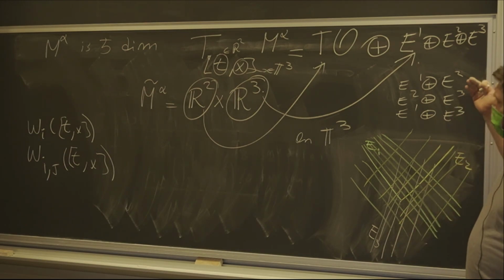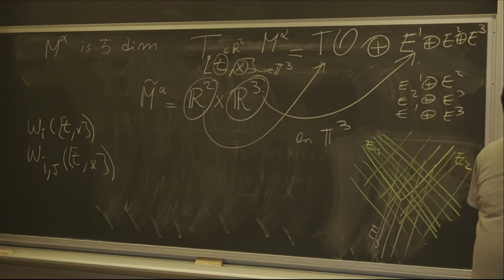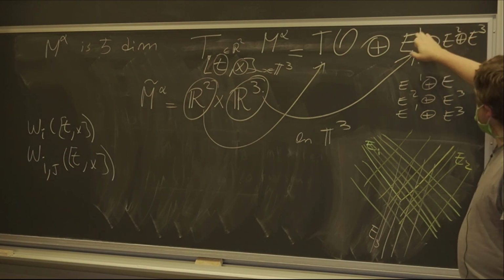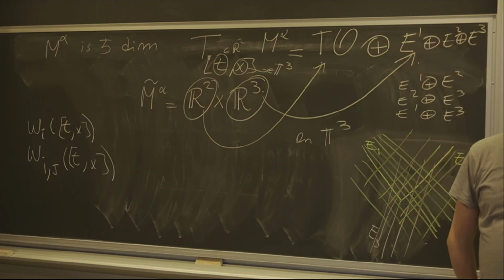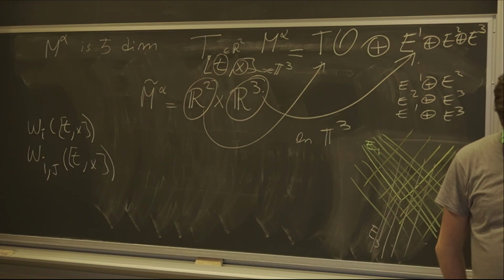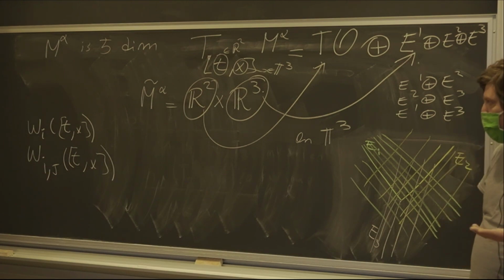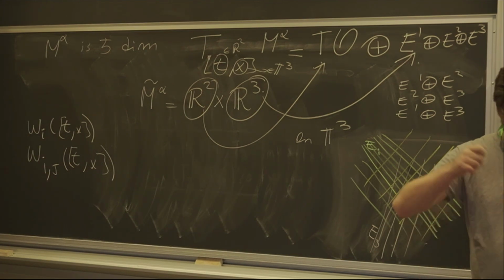This is the natural Riemannian metric you will put, which will make all these tori look like standard flat tori being the quotient of R3. And that's the way you are going to measure distance inside the Wi, by inheriting this Riemannian distance.